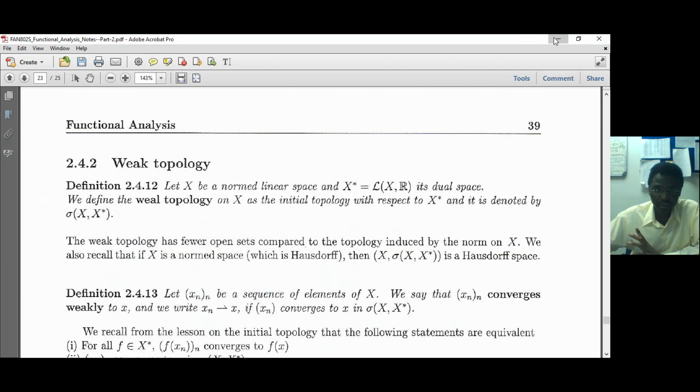And for that, I want to connect it with what we did before, when we defined the initial topology.